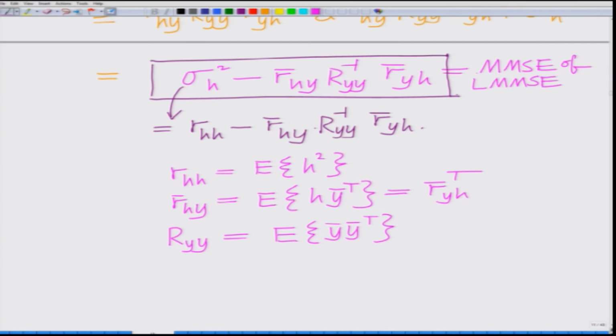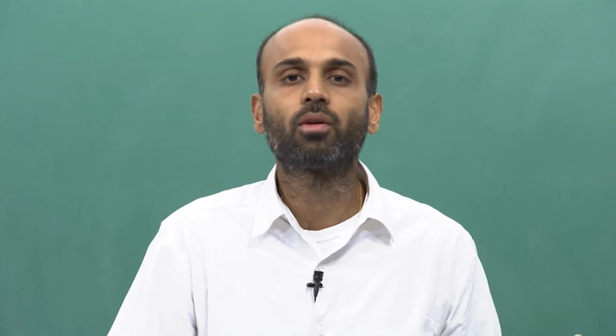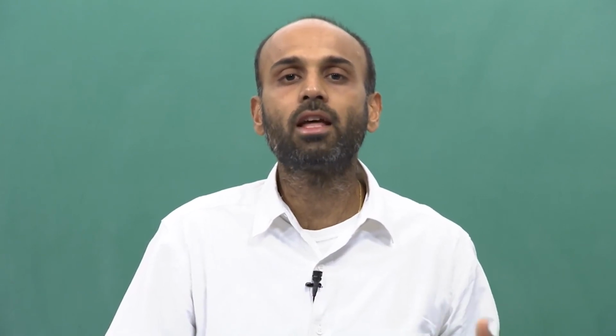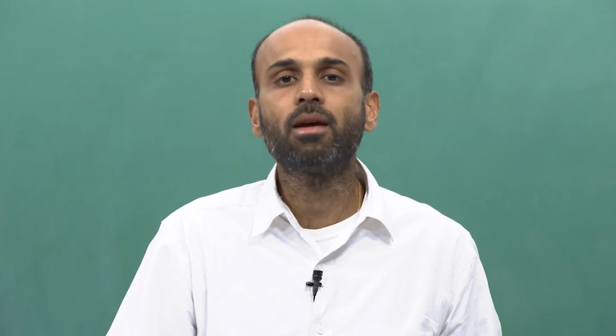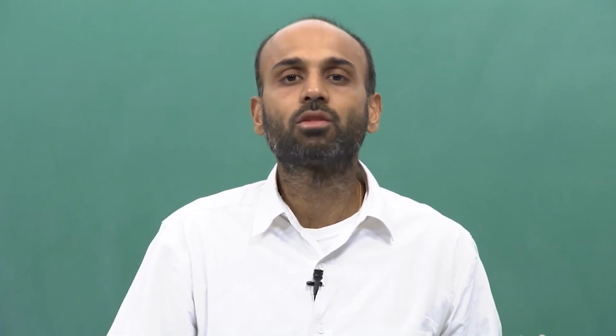Again you see that it has the same expression as that of the minimum mean squared error for the Gaussian, and that is naturally the case because for the Gaussian the MMSE and the LMMSE are the same. So, both the LMMSE estimator and the MMSE estimator yield the same minimum mean squared error.